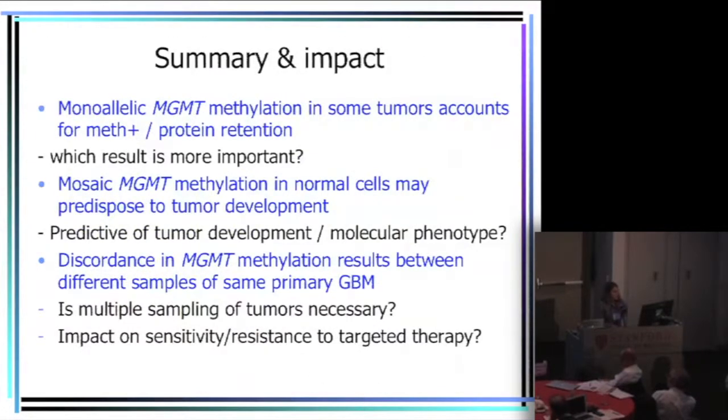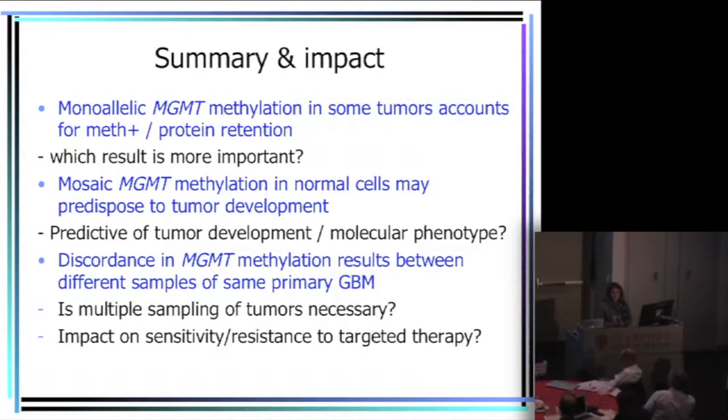So in summary, we found monoallelic MGMT methylation in some tumors, and that this can account for a methylation positive tumor that nevertheless has protein retention. So which result is more important in calling it positive or negative? We found mosaic MGMT methylation in normal cells, and not just confined to MGMT. We found this for MLH1 and a battery of other genes.